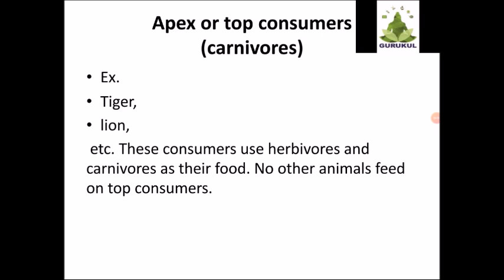Then we have the apex or top consumers. These are also known as the carnivores. Examples are lion, tiger, etc. These consumers use herbivorous and carnivorous animals as their food. No other animals feed on the top consumer, and that is the reason these are the top carnivores, top consumers or apex consumers.